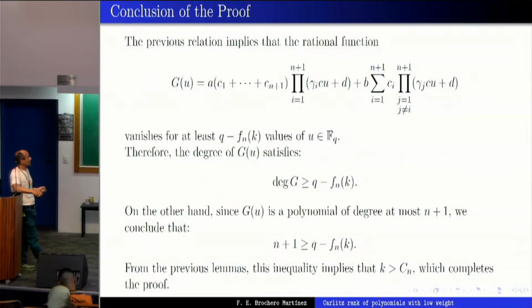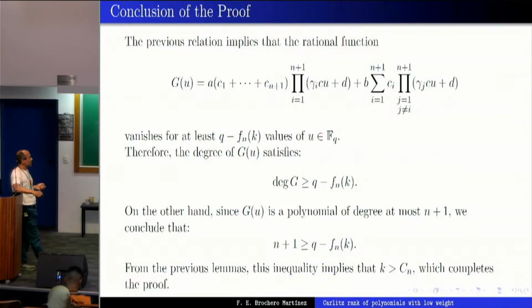Therefore, the degree of g has to be greater than q minus f_n(k). And the degree of g is n+1. Then we had this inequality.